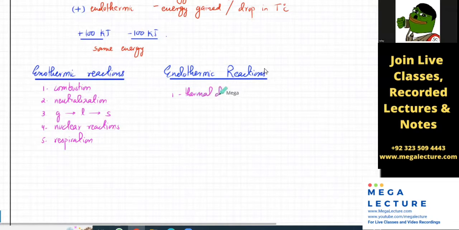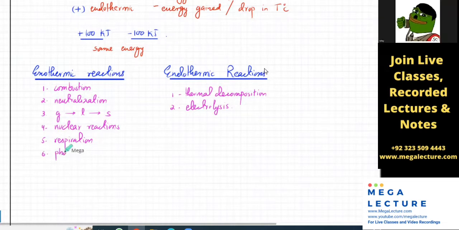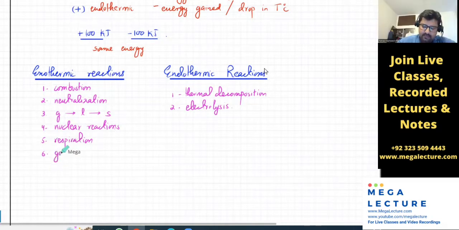Then electrolysis, second. What's the opposite of electrolysis? That's a galvanic cell, or just a simple cell. That's exothermic, it produces energy. So electrolysis is number 2.